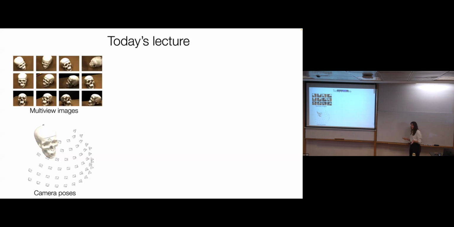Okay, so today the paradigm of the learning will be kind of similar, but our goal is different. We are still given as input to the problem, not input to the network, multi-view images and their corresponding camera parameters. We know how these images were captured in real life.